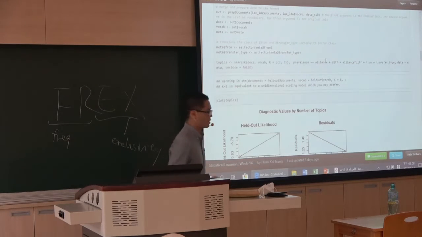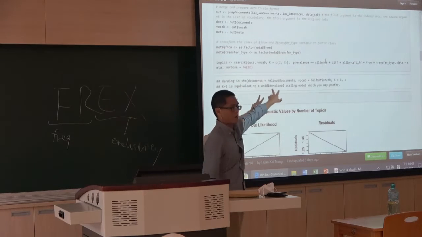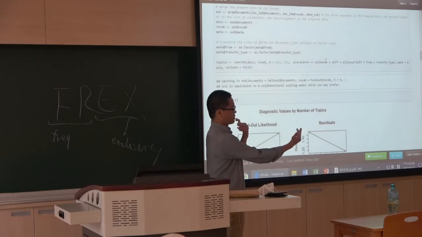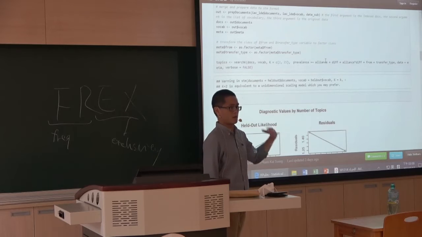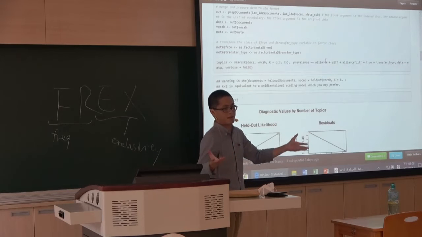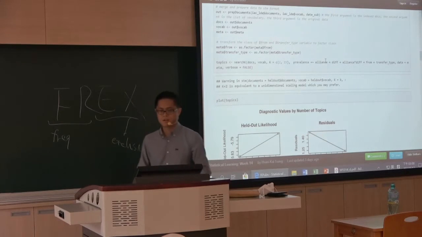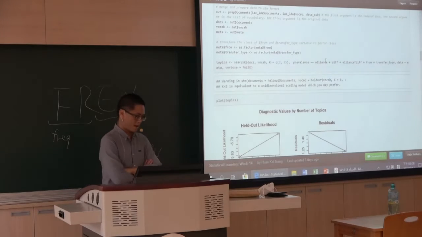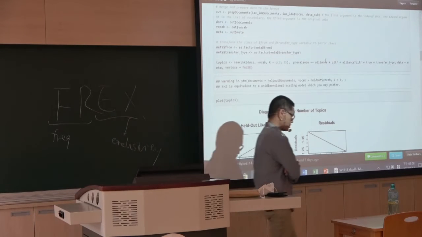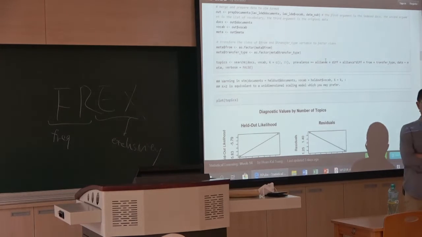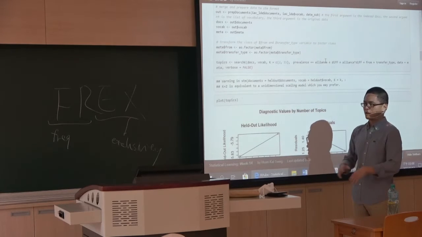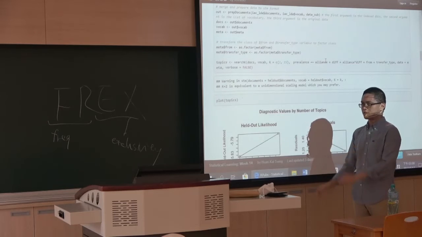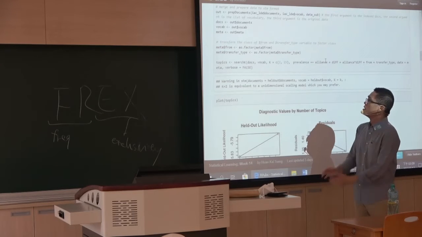If you are not happy with this range of topics, you can use a wider range, say 2 to 20 or 2 to 100, but of course, it will take longer to run. However, it must be larger than 2, right? Because otherwise it's all related to a single topic, and it just won't work.